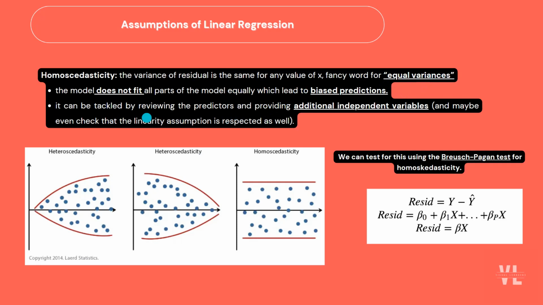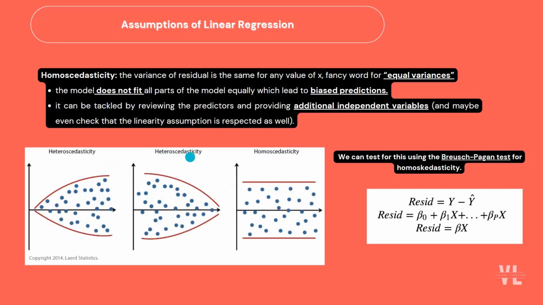It can be tackled by reviewing the predictors and providing additional independent variables, and maybe even checking that the linearity assumption is respected as well. There is another concept known as heteroscedasticity, which is the inverse of homoscedasticity.